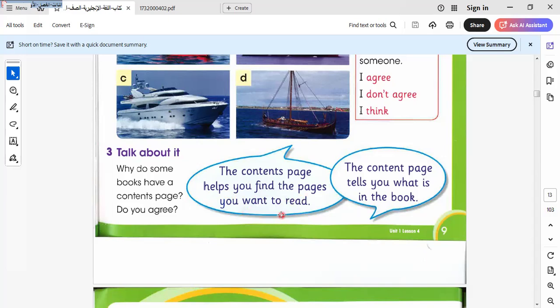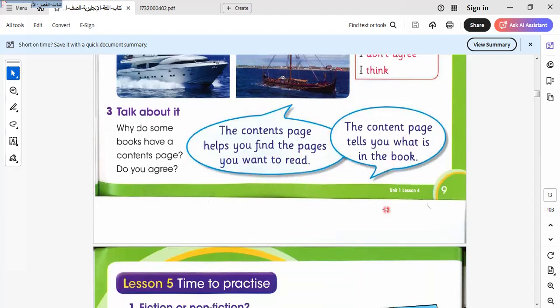So this is the task we want from the contents. We want to know more about this book. So is the content important or not in the book? Yes, the content is important. The contents page helps us to find the pages you want to read. The contents page tells you what is in this book.